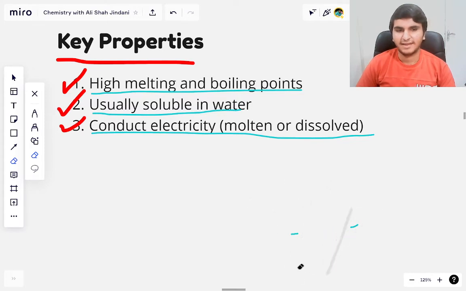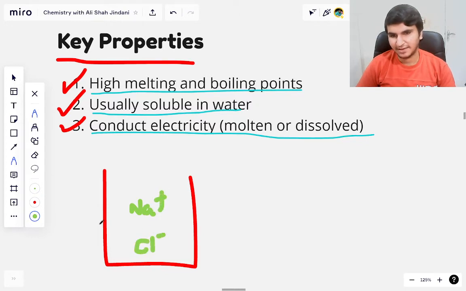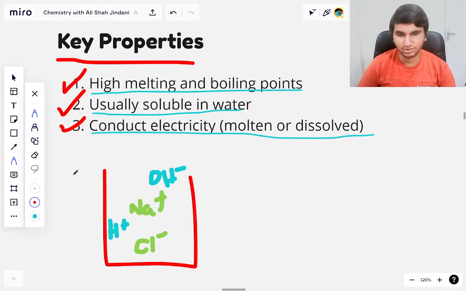Whenever they are molten or dissolved, and I told you about the dissolved one, they have ions. So they have Na+ ions, Cl- ions, along with the water ions, which are H+ and OH-. Now these ions can carry electrical charges as well. So if you pass electricity through this setup, it is going to conduct it pretty well.